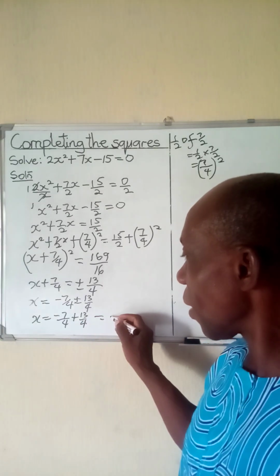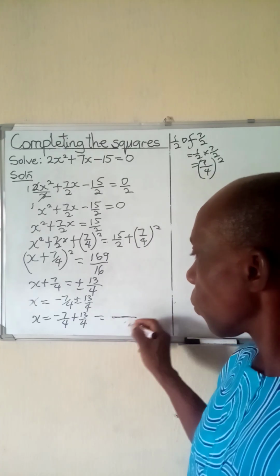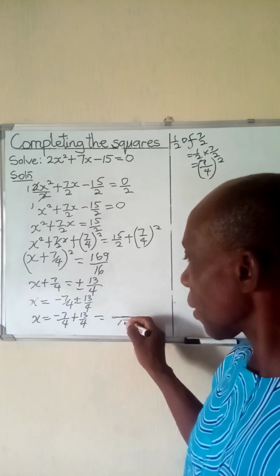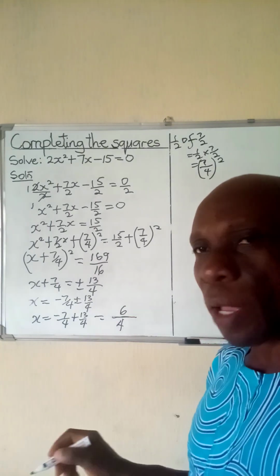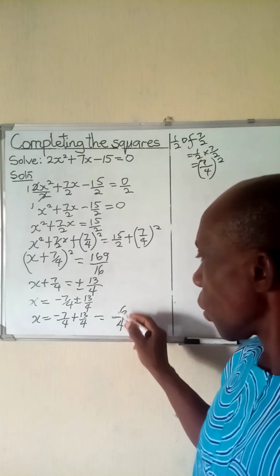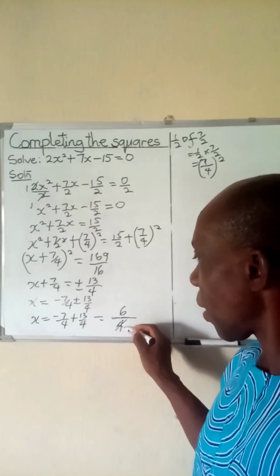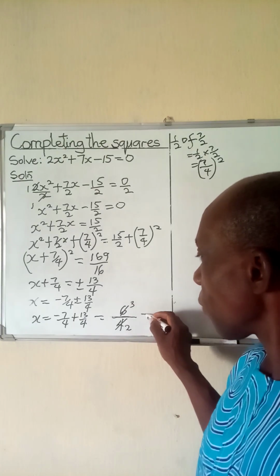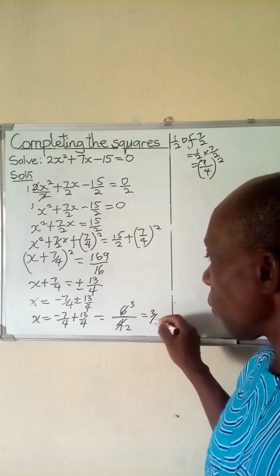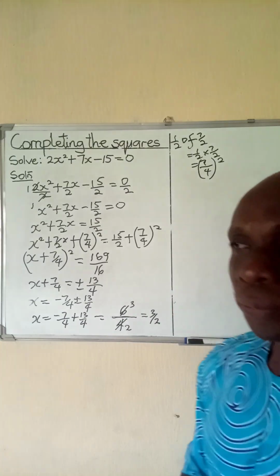Whatever we have as a value there, we'll divide it by 4. So here should be 6. When you reduce it, 2 will divide 4, 2 will divide 6. So our first value of x will be 3 over 2. That's all.